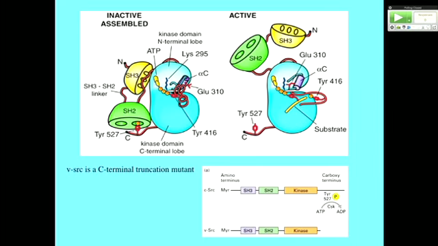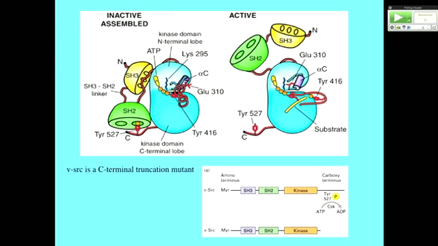So what does that suggest about how c-Src might normally be activated? Okay, excellent. So one possibility is dephosphorylation.